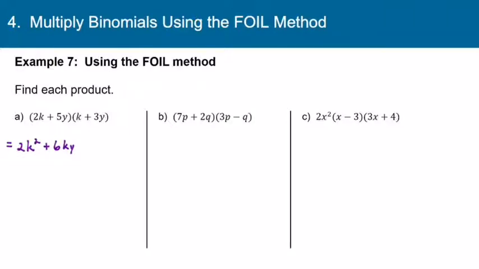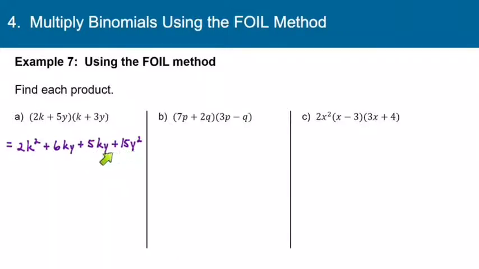That way if there are like terms, you'll be more likely to spot them. So 5yk I'm going to write as plus 5ky. And then last times last is going to be 5y times 3y, so that's positive 15y squared.